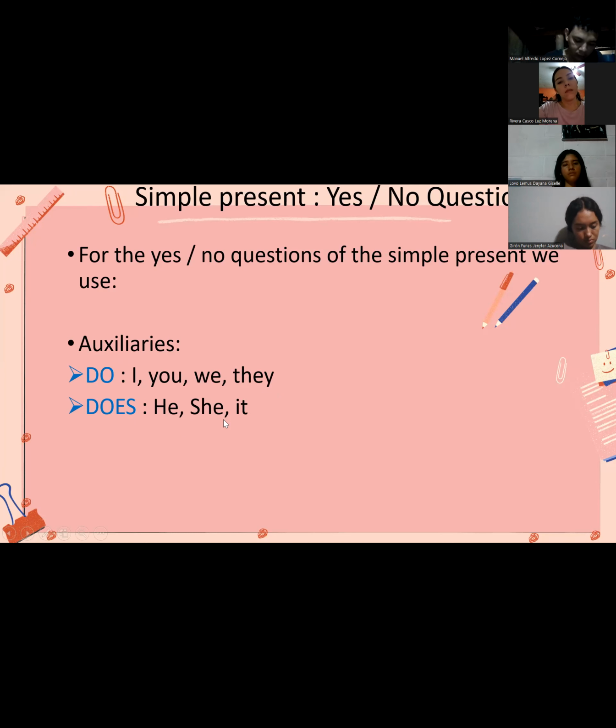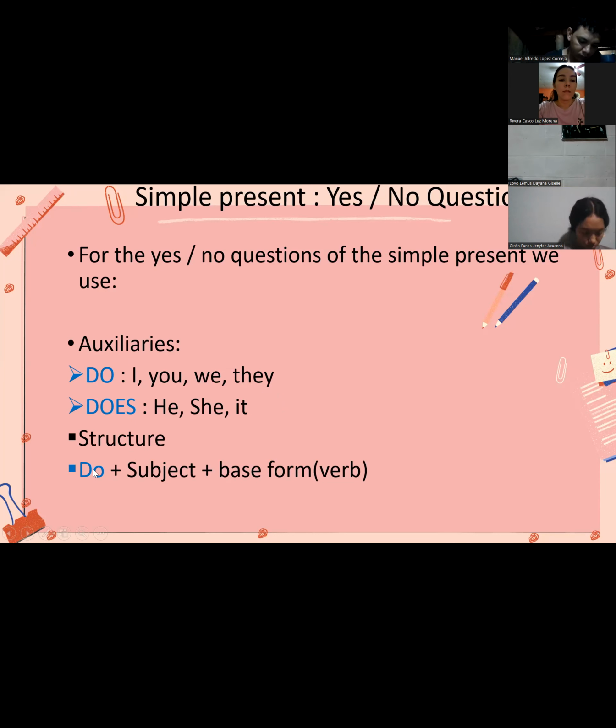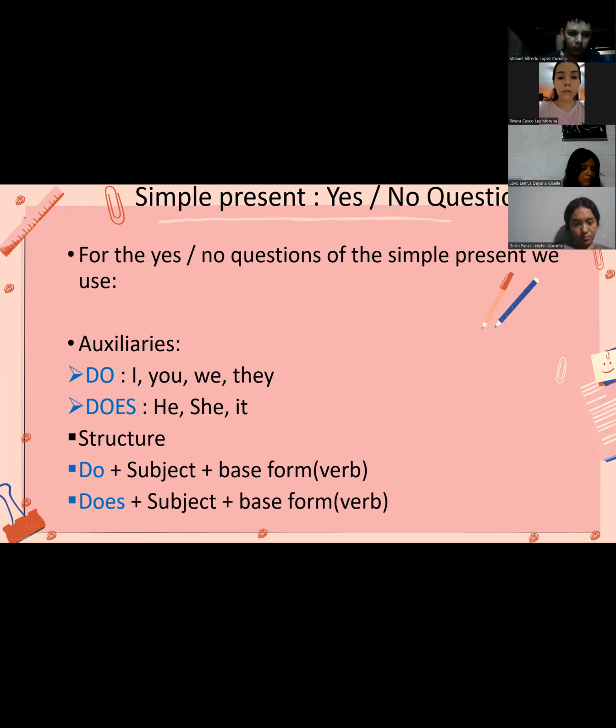Now, what is the structure? We start with the auxiliary do, then the subject, and the verb is going to be in the base form. Every time I say base form, it means the original form, okay? Or we use does plus the subject, and the verb is also in the base form.